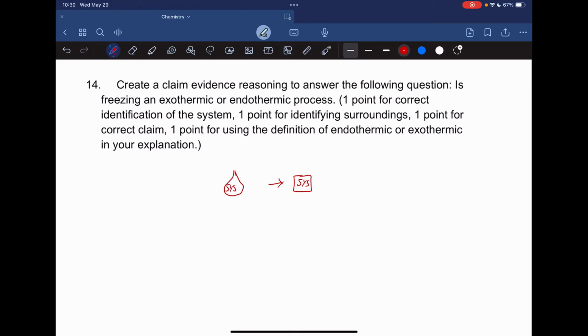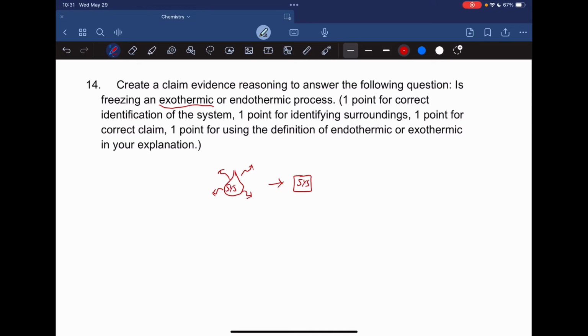Now, liquid water has more kinetic and thermal energy than ice does, or the solid form does. So in order for that to happen, this had to radiate out its energy into its environment. So that means energy had to go from the system to the surroundings. This is the definition of an exothermic process.